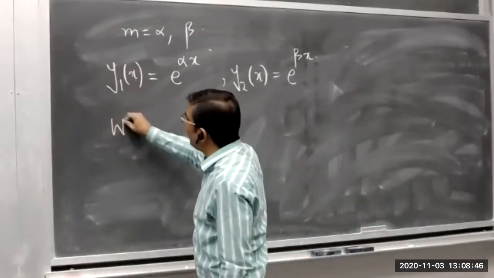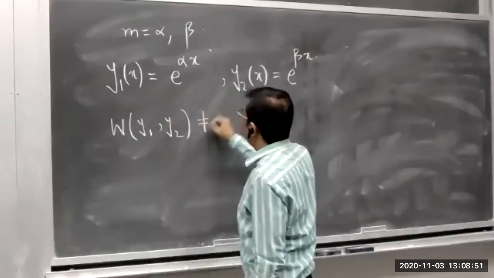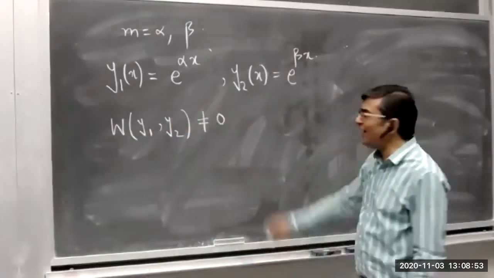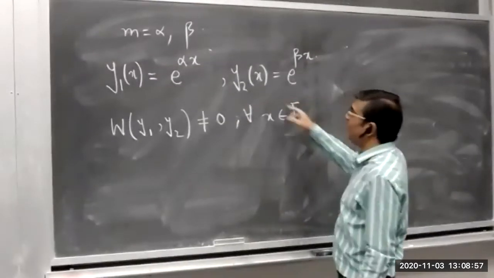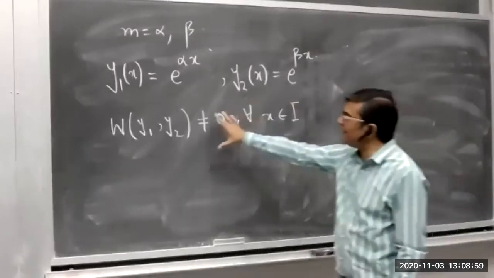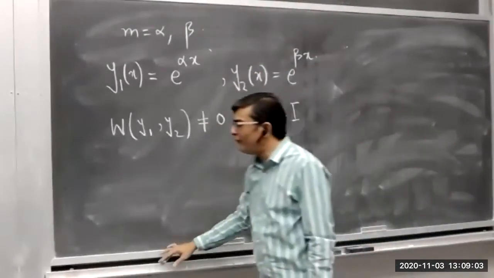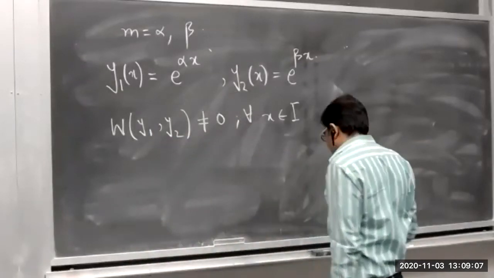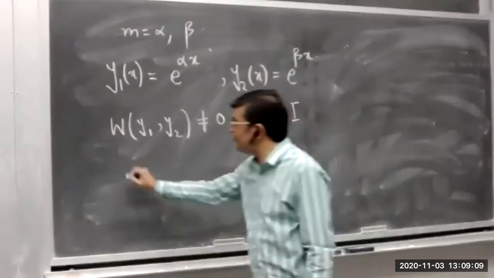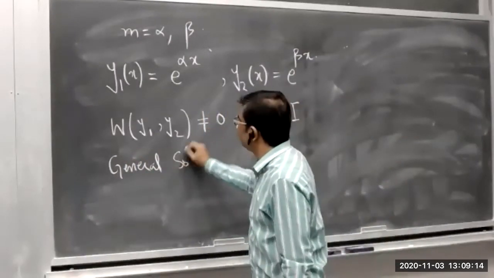To prove linear independence, we have to prove that the Wronskian of these two is non-zero for all values of x in the given interval. If the Wronskian is non-zero, then these two solutions are linearly independent and they form a fundamental set of solutions. If they form a fundamental set of solutions, then we can write the general solution of the given differential equation.